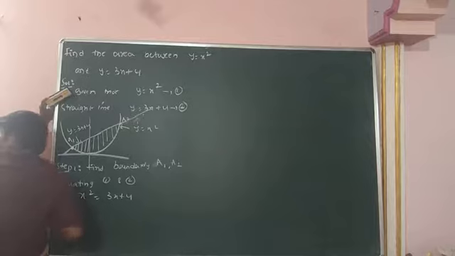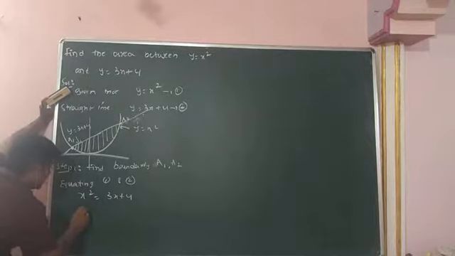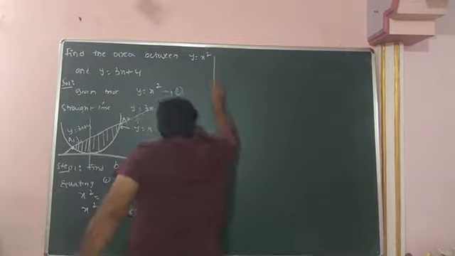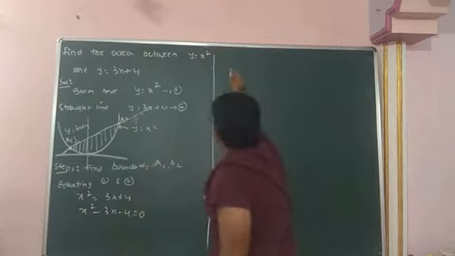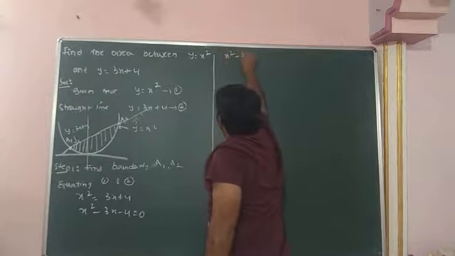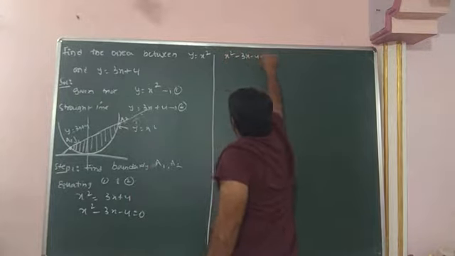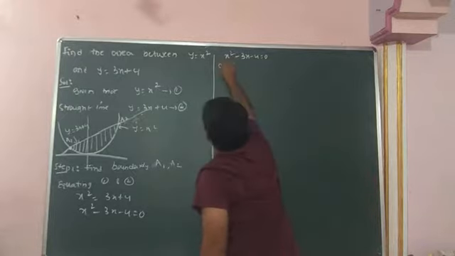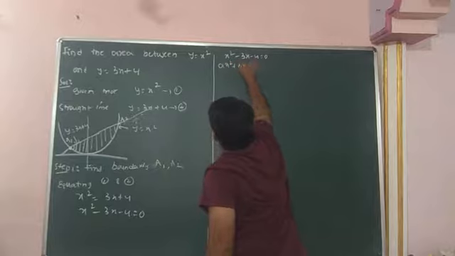So from that, x square minus 3x minus 4 equal to 0. We know that this form is ax square plus bx plus c.